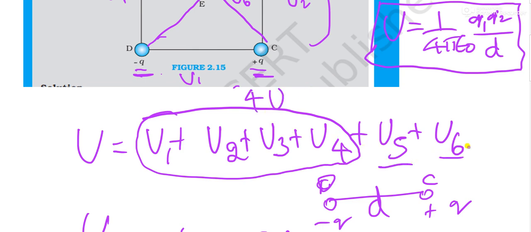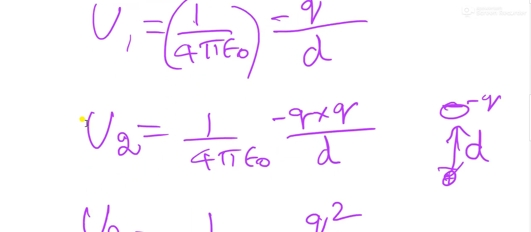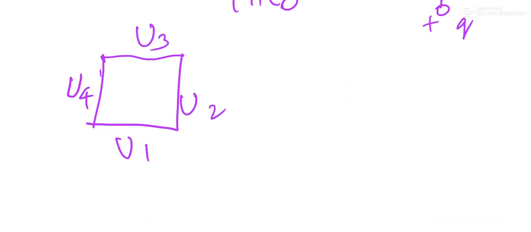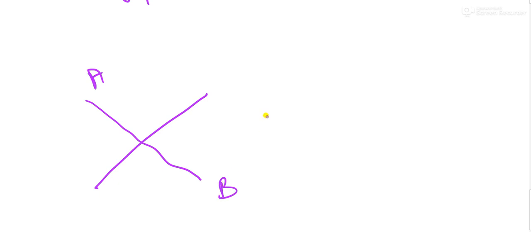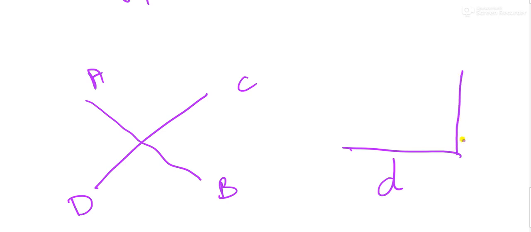Now we will see U5 and U6, which are on the diagonal sides. We have the diagonals AB and CD. First we will see the diagonal length. This side is d and this side is d. Now what is the diagonal?